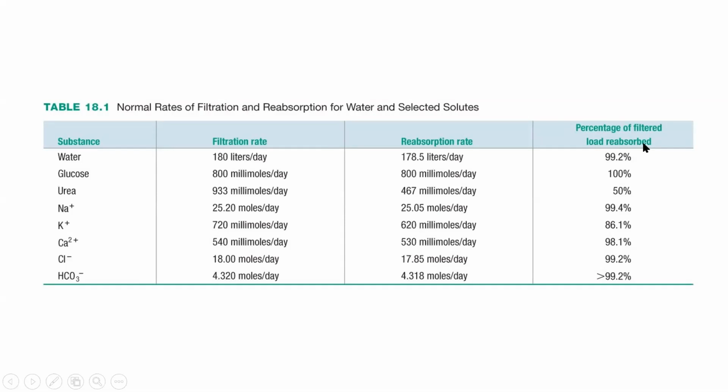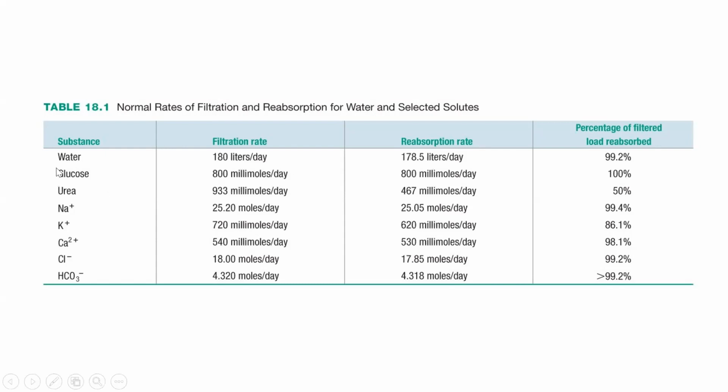We actually only excrete about 1 to 2 liters of urine per day. So in a healthy, well-hydrated adult, we filter 180 liters, but we only excrete 1 to 2 liters, which is about 1% of that filtrate per day.